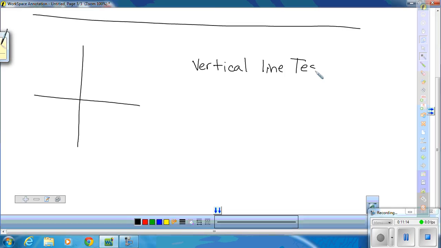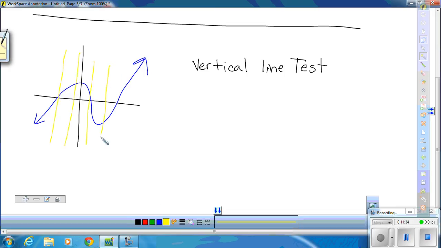So the vertical line test will tell us if you get that repeating in the y, because if we have more than one y for an x, it's going to hit a vertical line. So we can look at a graph, no matter how crazy the graph looks, I can tell whether it's a function or not because it will pass the vertical line test. If I can draw a vertical line through it and it never hits more than one point, like I draw all these vertical lines and it's always only ever hitting the graph in one spot, that means that yes, it is a function.